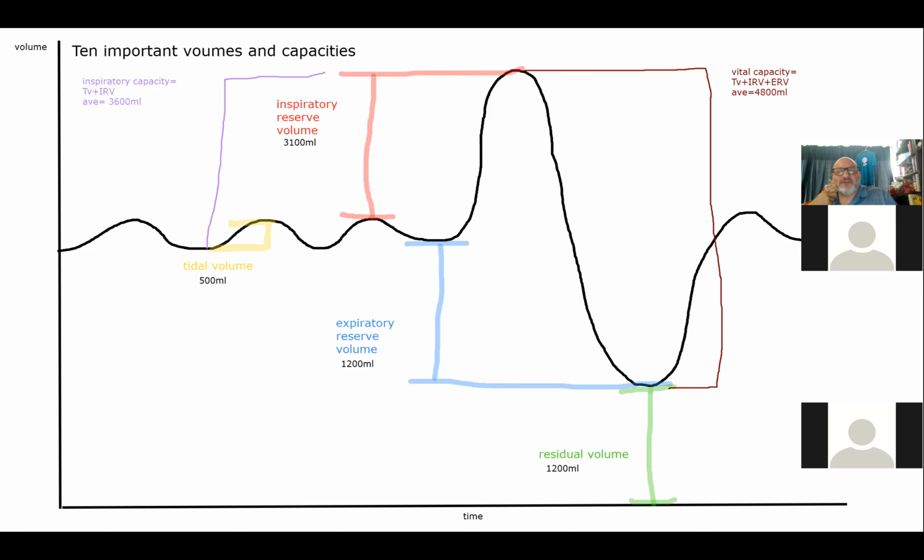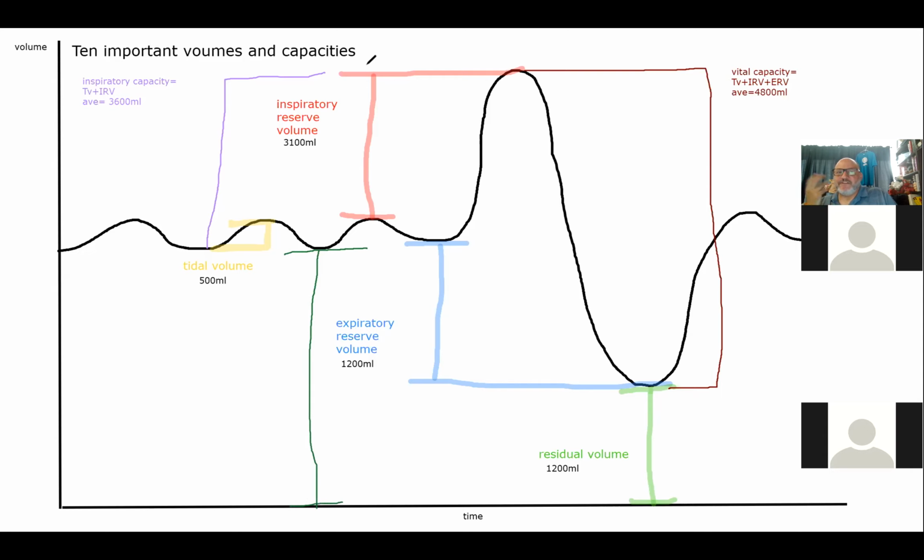Now, what color can I use for this? Let's use the dark green for this one. When I take a normal exhalation, my normal resting breath, as we know, I have not removed all the air from my lungs. Just a normal breathing out. There is still all this air left in my lungs.